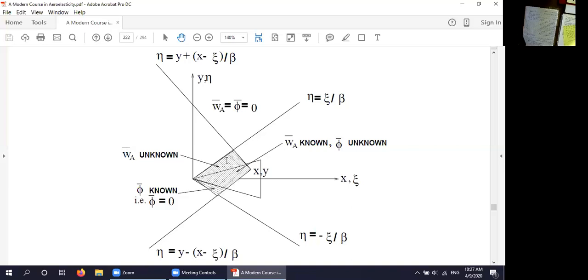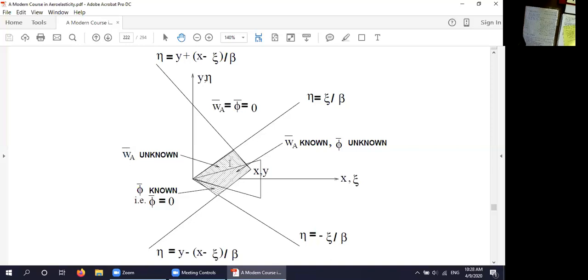Actually, what I know is the pressure is 0, but for supersonic flow, that's equivalent to the velocity potential itself being 0. So on the wing, I know dφ/dz at z equals 0. Off the wing, I know φ itself is 0 at z equals 0. And this is what a mathematician would call a mixed boundary value problem. That is, in some region of the boundary, I know one thing, dφ/dz, and in another region, I know something else, namely φ itself.